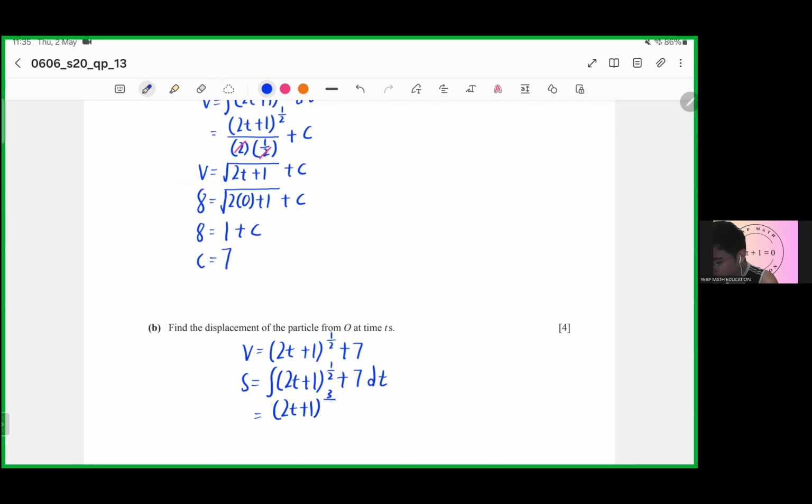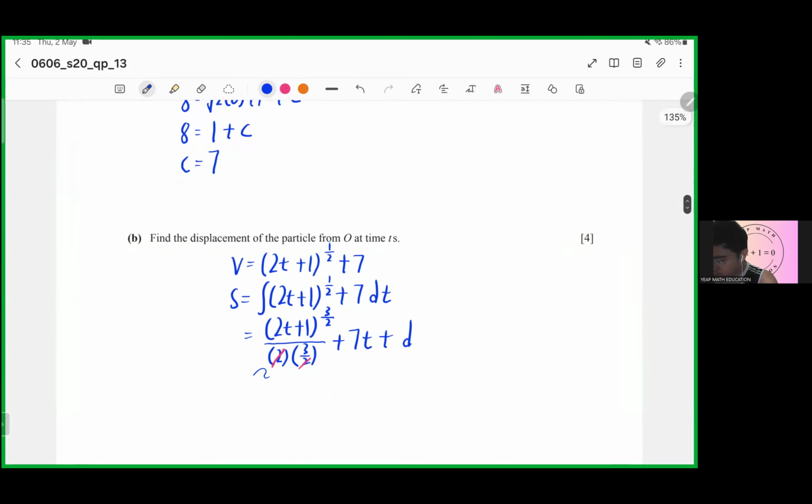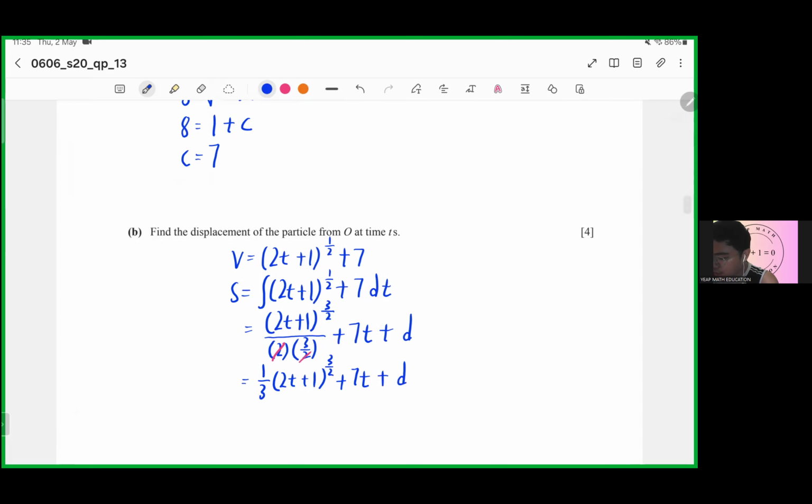We get 3 over 2 as the power, and then plus 7t plus d. I put d. So I got 1 over 3, (2t plus 1) to the power 3 over 2 plus 7t plus d.